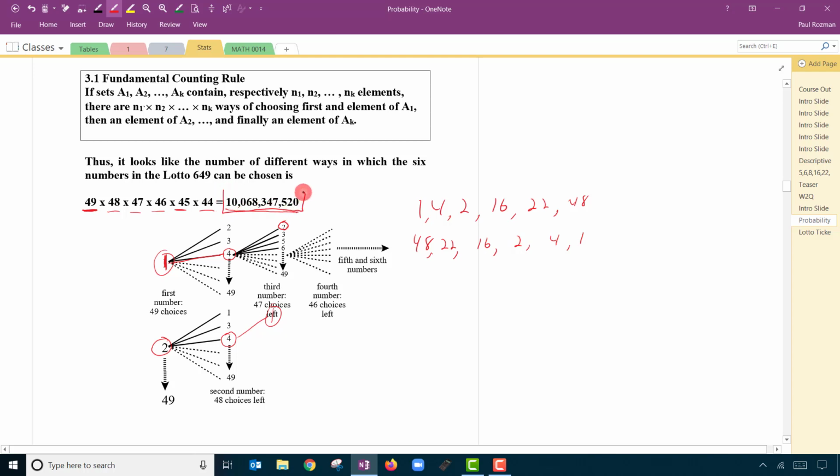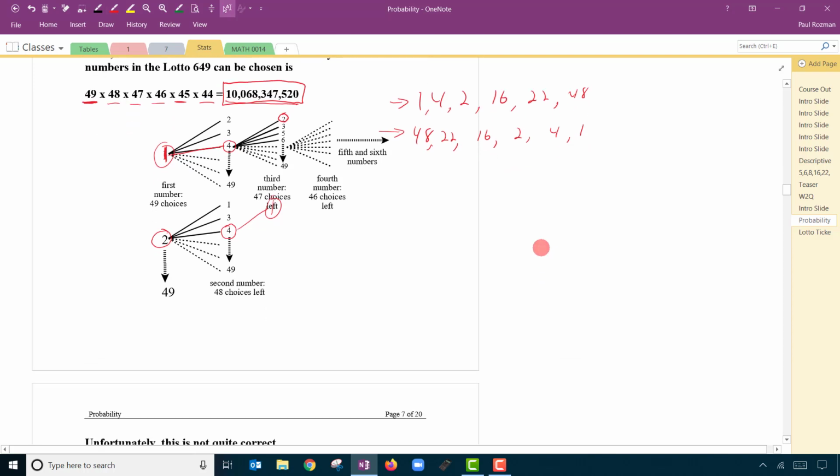But this 10 billion does assume that the order does matter. So that's why this number is so big. It shouldn't necessarily be that big for the lotto draw, because we're repeatedly counting the same thing. These two lists are the same. So how do we fix this?